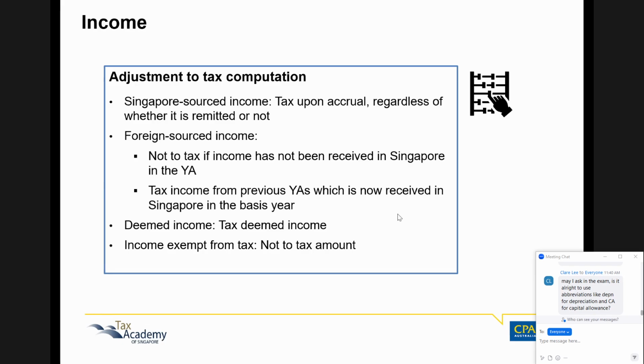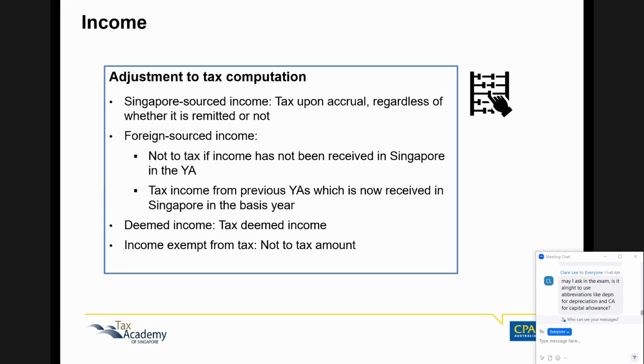Even if it's income from previous YAs, let's say I add my 2020 interest income and 2021 interest income, then I remit them in year 2021. All this will be taxed in YA 2022.